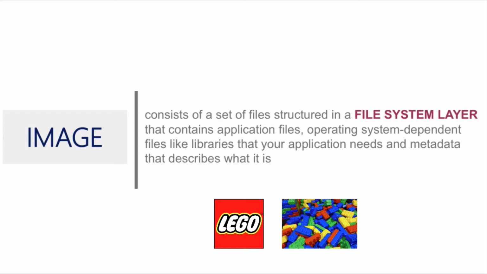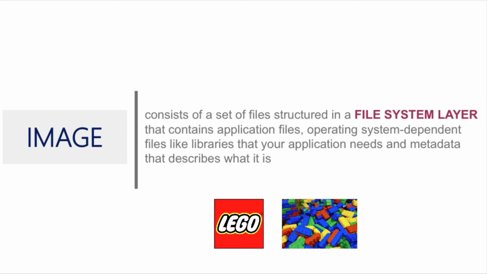Now, I can take the exact same Lego pieces and maybe create my Batman Lego set. The only thing that would be different would be the instruction manual. Think of an image as these Lego pieces.